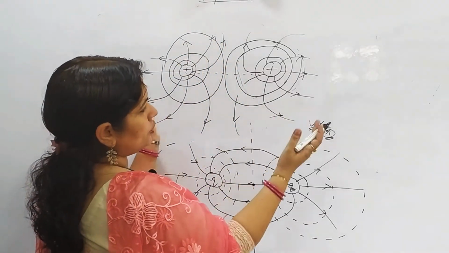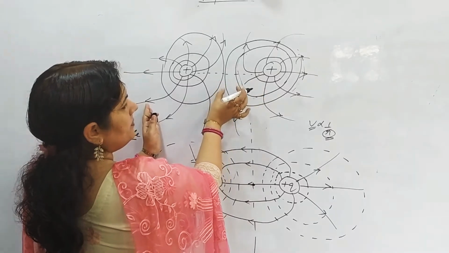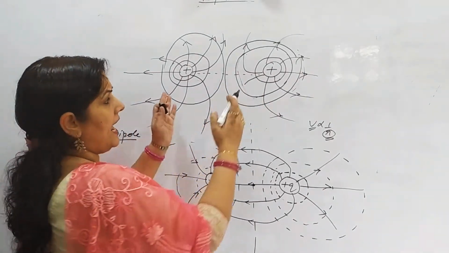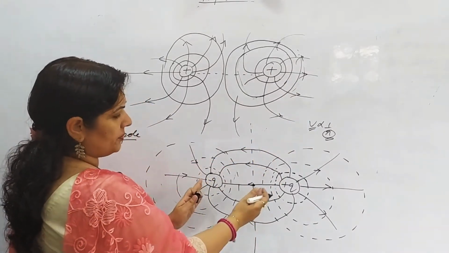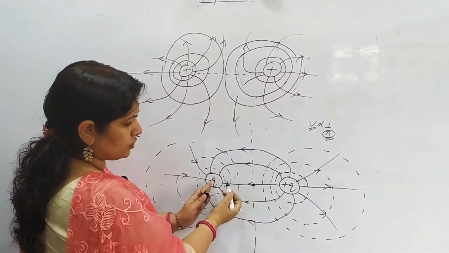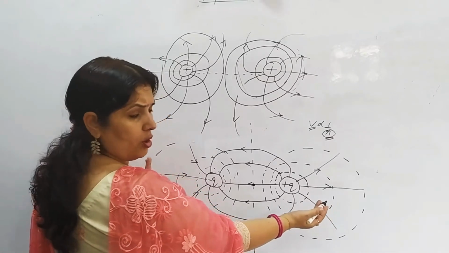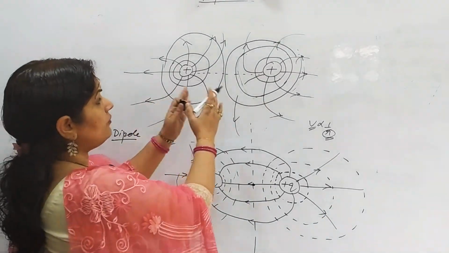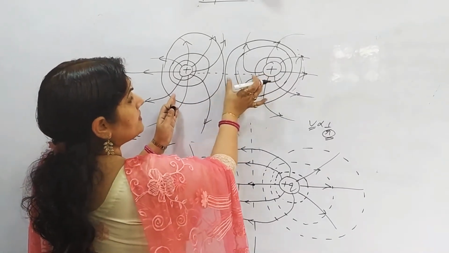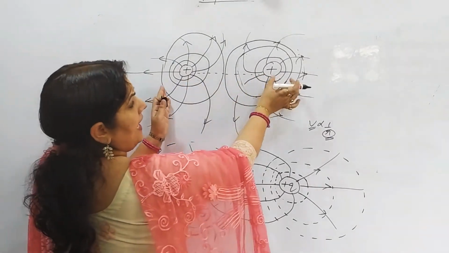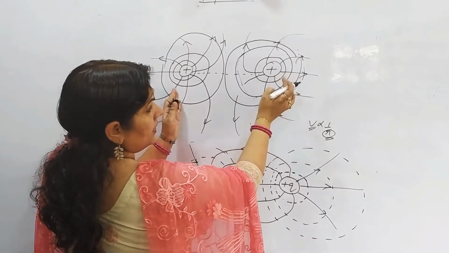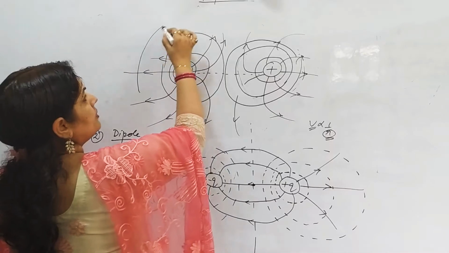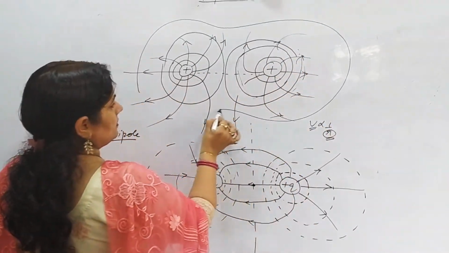So outwards due to repulsion the equipotential surfaces will have more distance as compared to the right side, which is just the opposite. Here the equipotential surfaces were close, on the right side and on the left side they were having more distances. And for positive charges there are more distances here between the equipotentials, and on this side the potentials are closer, on this side the potentials are closer, or we can draw an envelope like this.